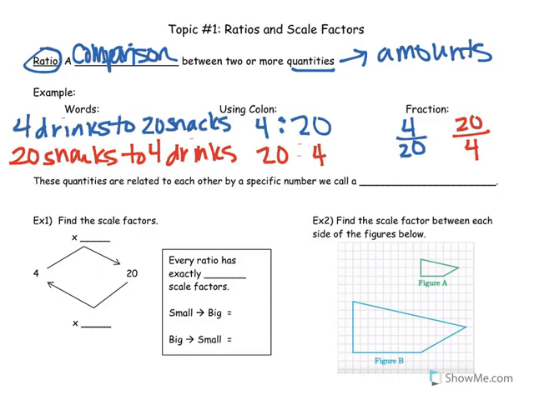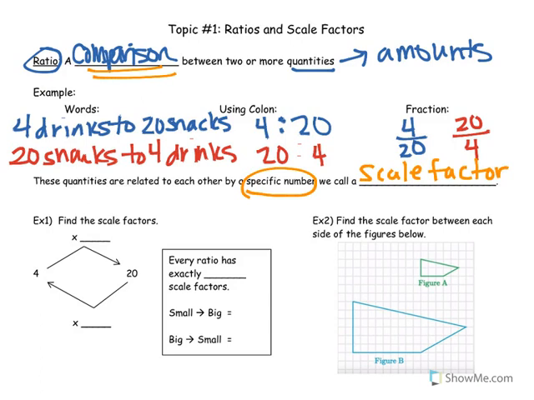Now, when I was talking about the definition of a ratio, I said that it was a comparison. We're going to figure out how are these two numbers compared to each other. So these quantities are related by a specific number, and we call this specific number a scale factor. Okay?